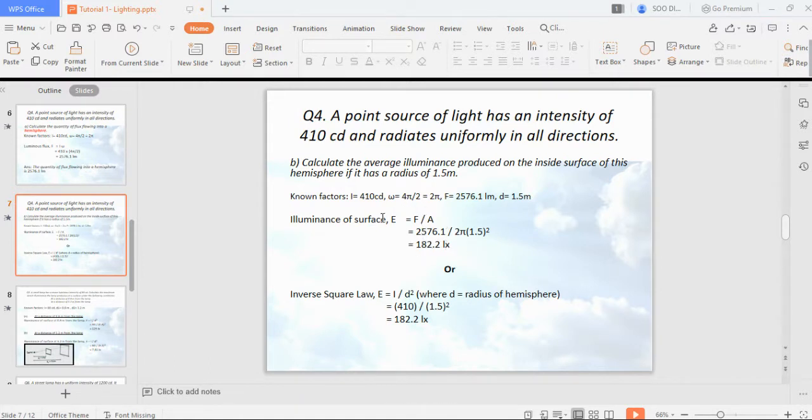Either you use the formula E equals to F over A, or you use the inverse square law. E equals to I over D square. So both of them will enable you to find the answer, which is 182.2 lux.